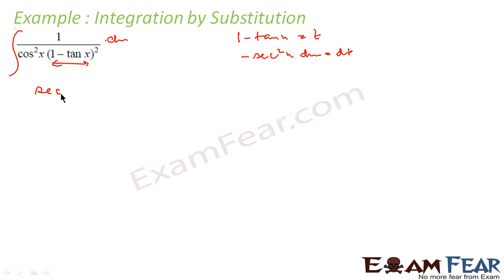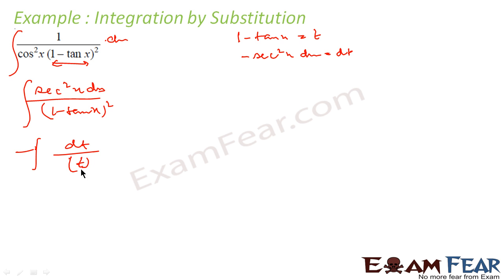So this is nothing but sec square x dx by 1 minus tan x whole square, correct? Sec square x dx is nothing but minus dt, so I'll write minus common here, minus dt by t square, since 1 minus tan x is t.